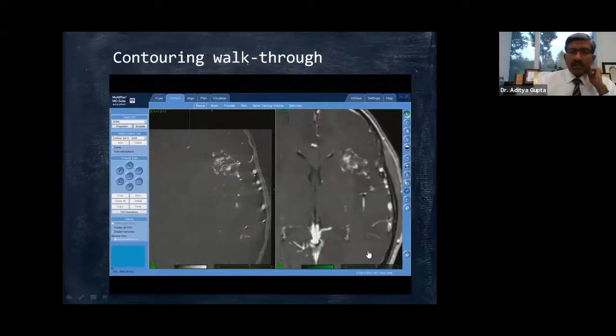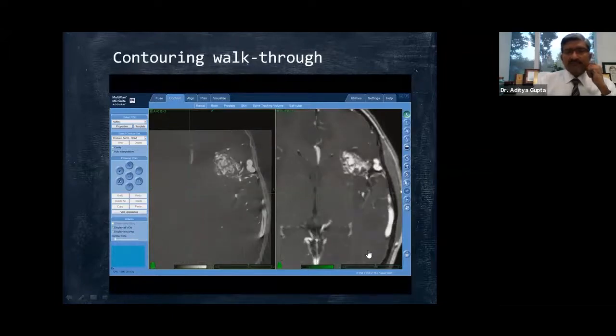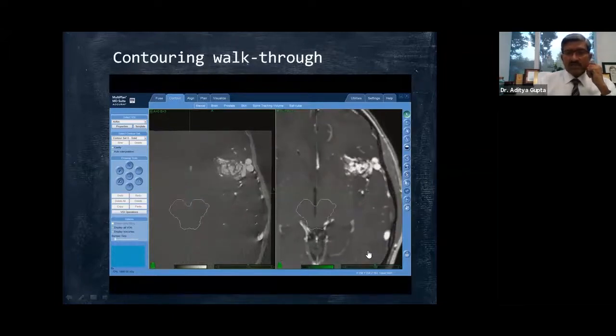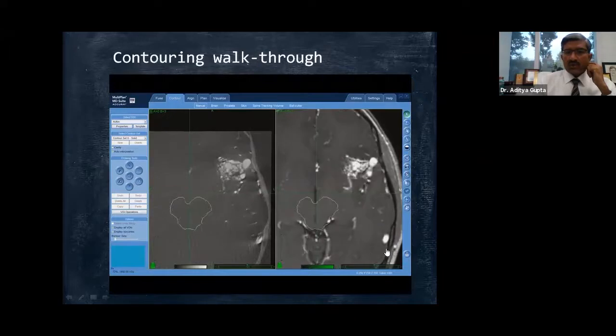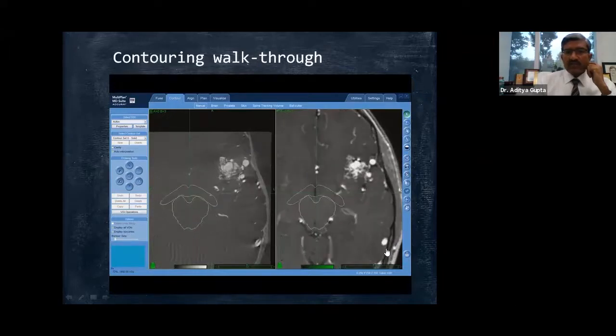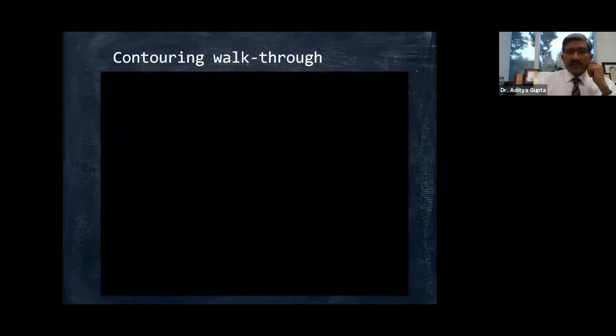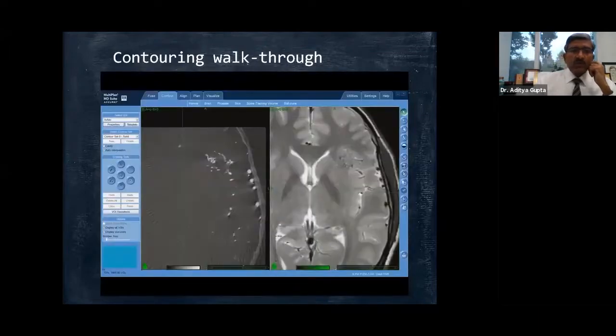So what I like to do when I'm contouring is to look at the vaso-CT and the MRI images. So scroll along the entire length of the AVM to get my bearings. What I then like to do is to choose a contouring tool and start contouring the AVM from one end.